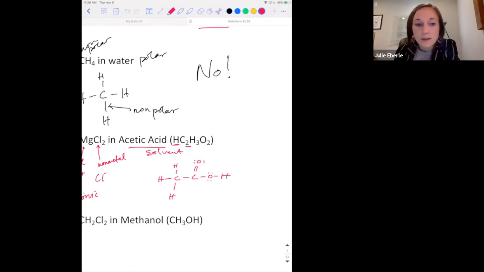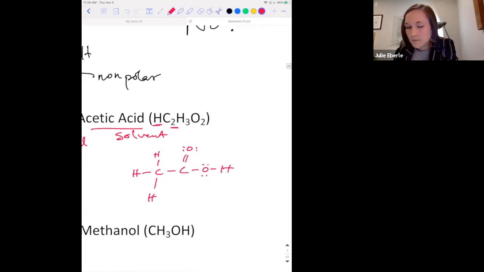So what do y'all think? Is this polar or nonpolar? It's definitely polar. Okay, carbon and oxygen bonds.